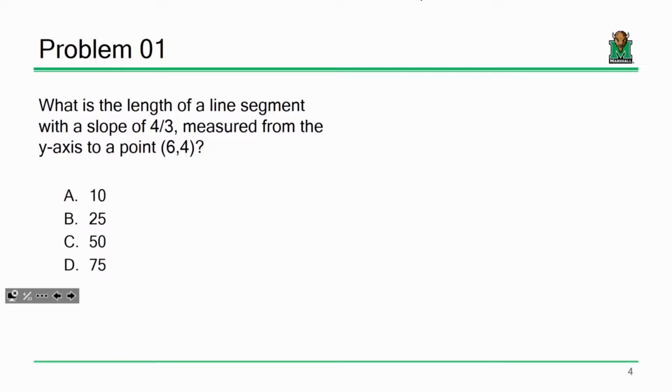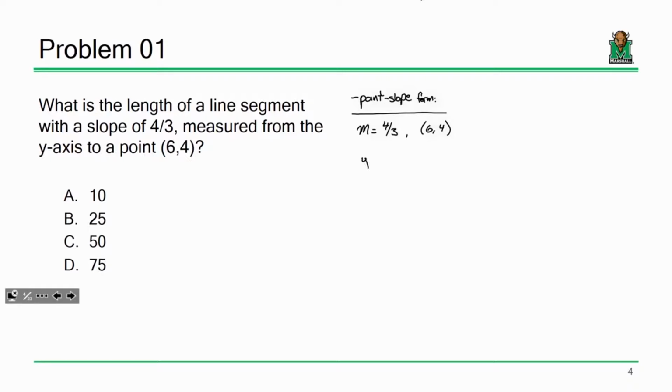So let's start off with the point-slope formula. We have a slope of 4/3, and we have a point of 6, 4.